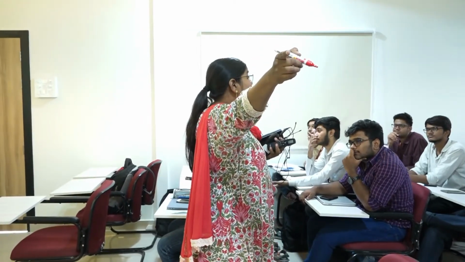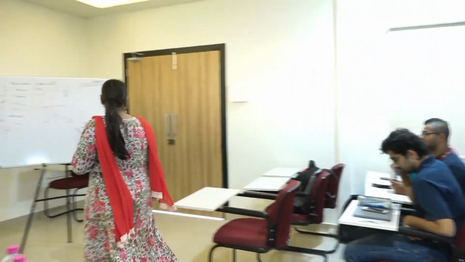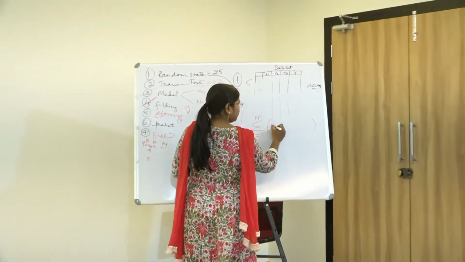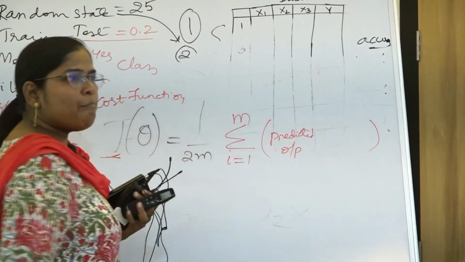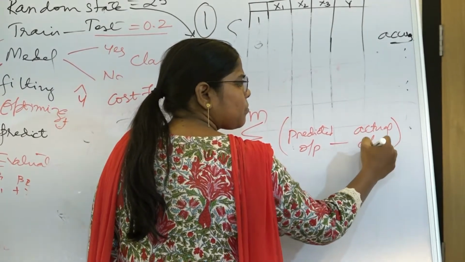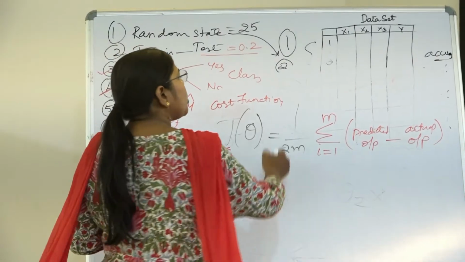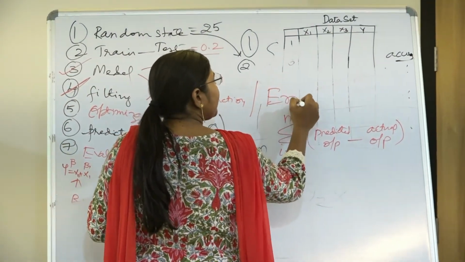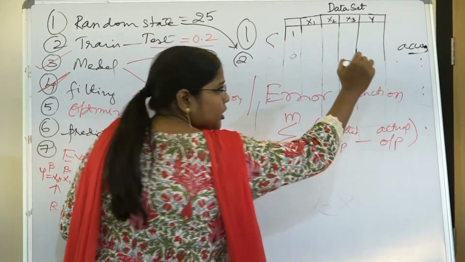The hypothesis is used to get the best fit. The best fit results in the predicted output, minus the actual output. The cost function is also called the error function in our logistic regression.